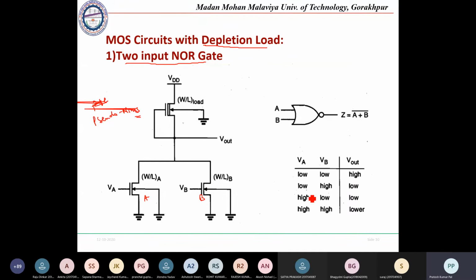Similarly, if any of these two is turned on, the output will be low logic. Suppose both the transistors are turned on.